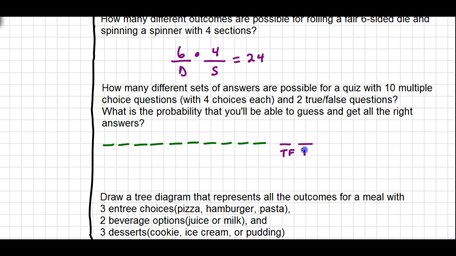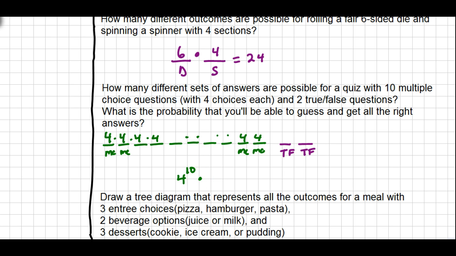So I'm going to label those just to help you visually see what we're doing here. So these are all multiple choice. And since there are 4 choices available, like A, B, C, D, I've got 4 choices on each of these. And so as you continue here, you'll see that we end up with a base of 4 multiplying by itself 10 times, so that would be the same as raising it to the 10th.